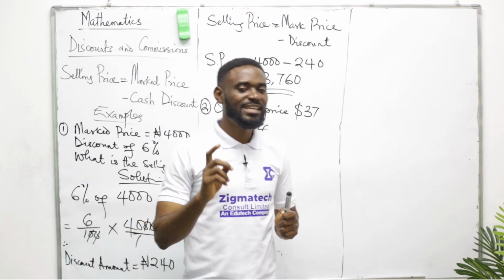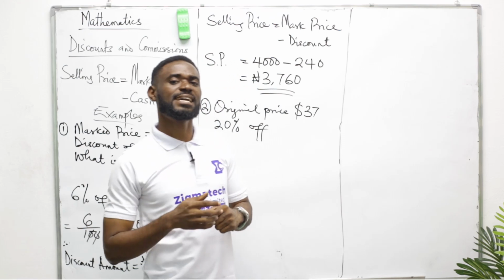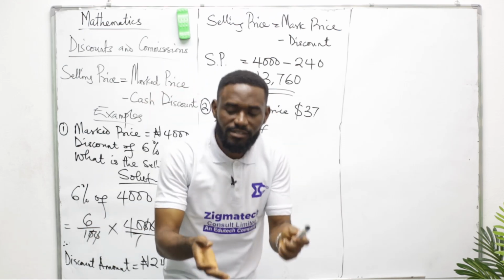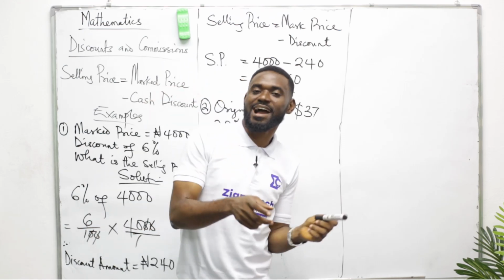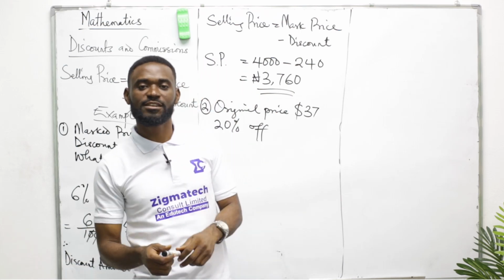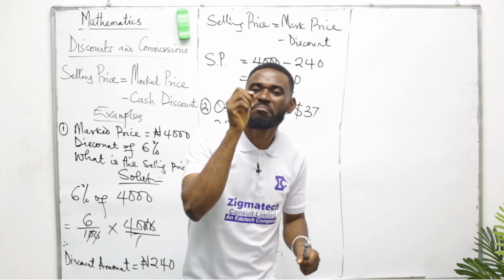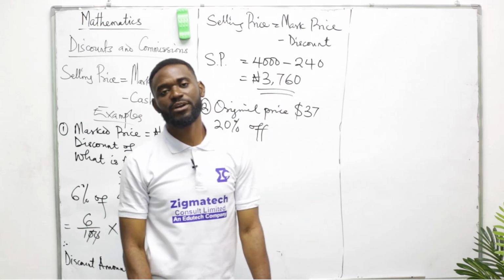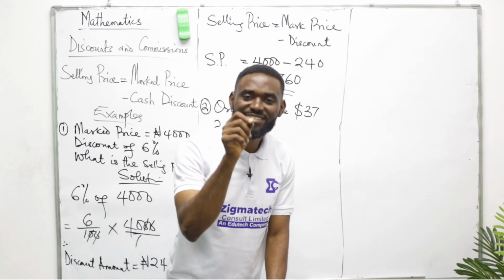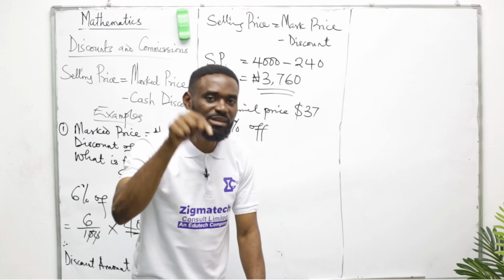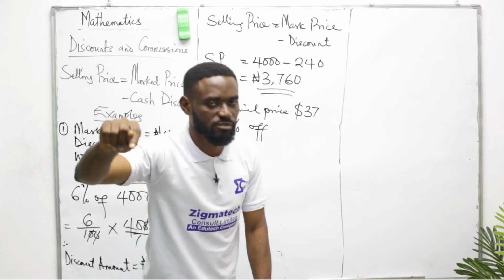Now, listen. They are not asking you to find what the seller eventually sold it for. They're asking how much did the seller ask Mike not to pay. All right? So what that means is the discounted amount. That's what we are looking for.